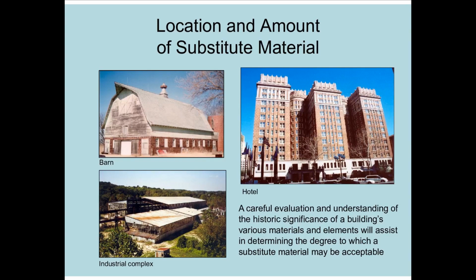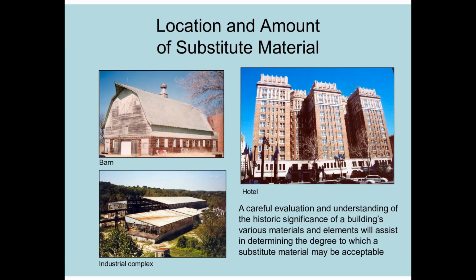Different materials and elements will play an important role in contributing to the historic character of a building's historic appearance. Where a particular feature contributes significantly to the historic character of a building, the material or materials that make up that feature are likely to require a closer replacement match than the material making up a feature that may be of lesser importance.